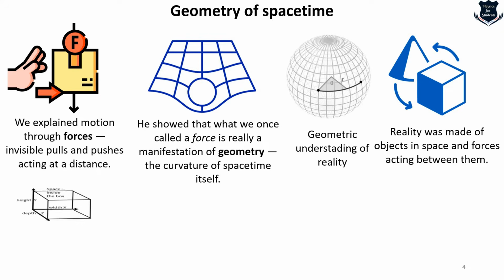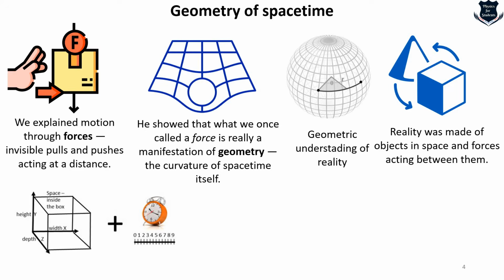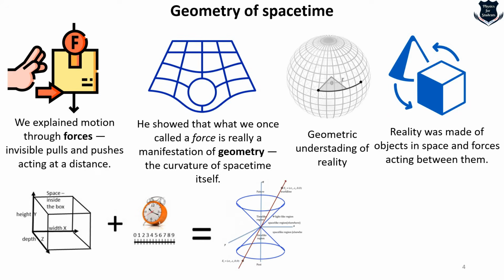Einstein changed that completely. Space and time were now considered to be more dynamic. They are interconnected and they are curved. So matter and energy shape the geometry of space-time. What we once thought of as separate, force or space, Einstein shows that space can be united with time, into something called space-time.